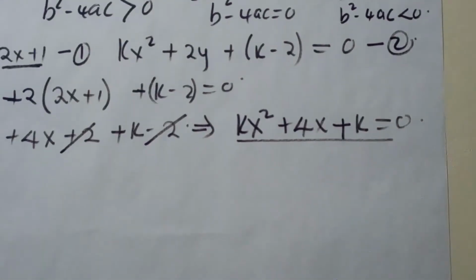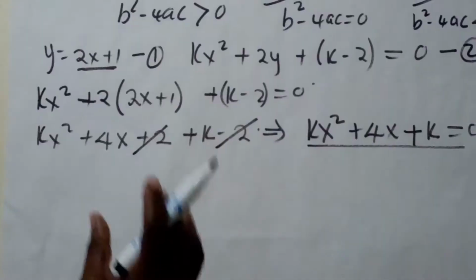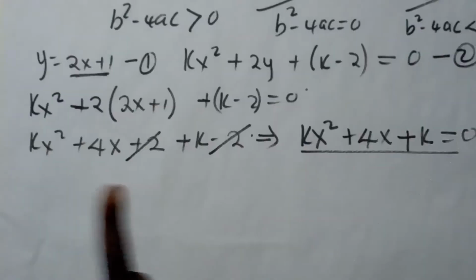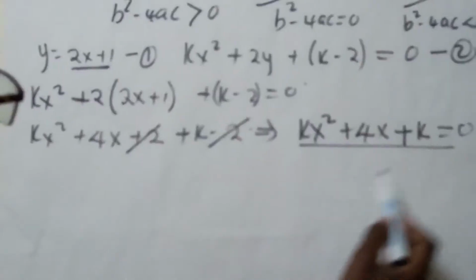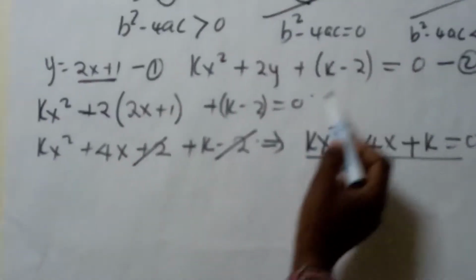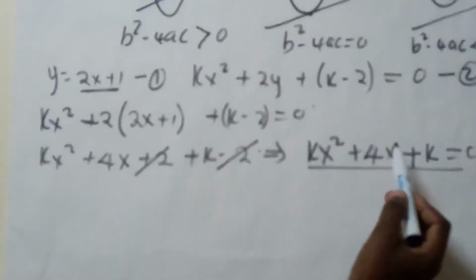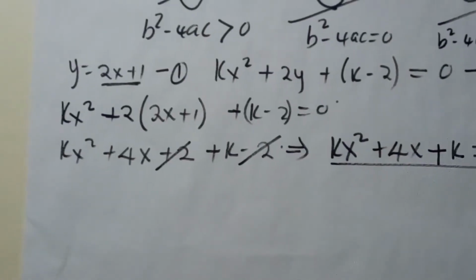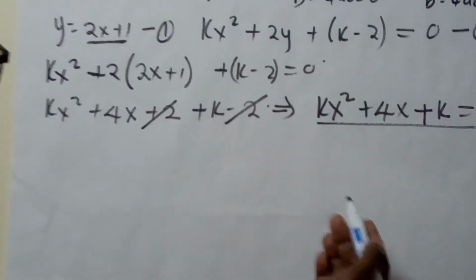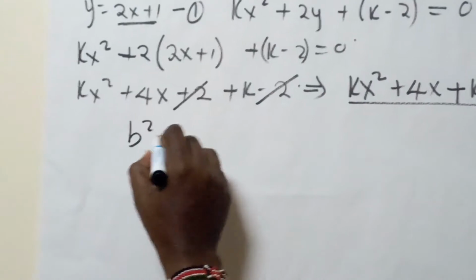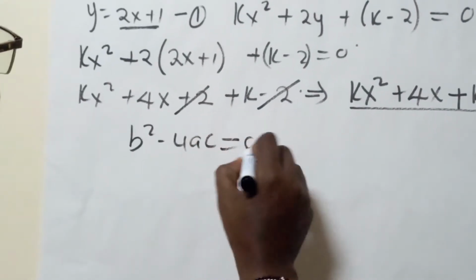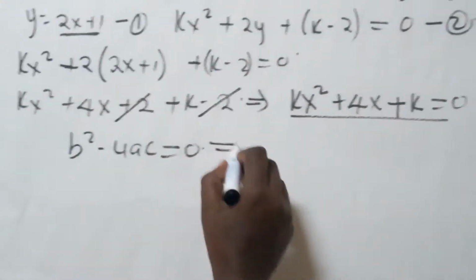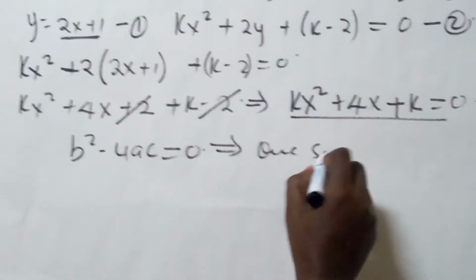If the two graphs meet at only 1 point, then it means the discriminant of the resulting quadratic equation is exactly equal to 0. So what does that mean? The discriminant b squared minus 4ac is exactly equal to 0 for only one solution.